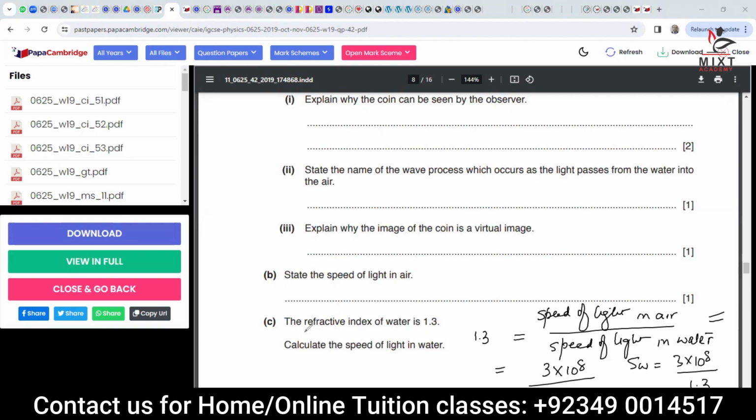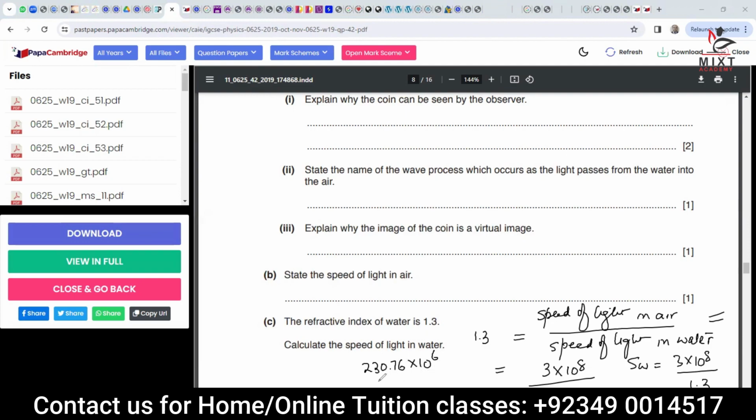It will give you the answer in the form of 10 raised to power. It gave 230.7692308 multiplied by 10 raised to power 6.